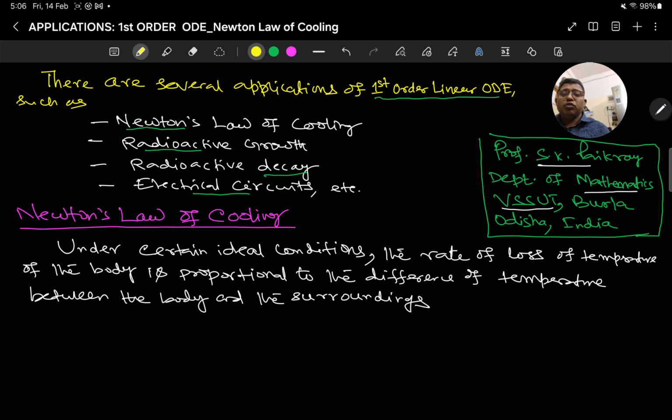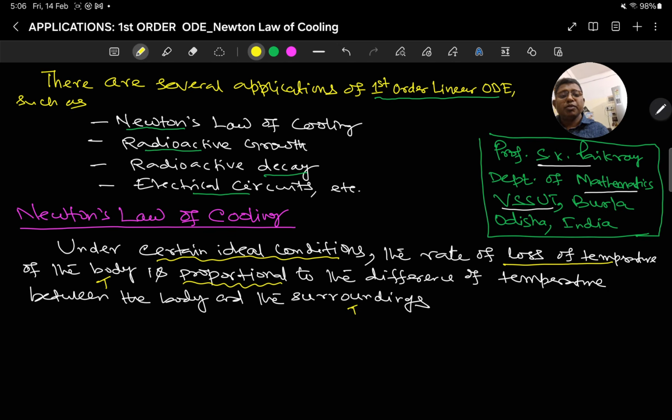Now coming to Newton's law of cooling, it states that under certain ideal conditions, the rate of loss of temperature of the body, suppose the temperature of the body I say T, is proportional to the difference between the temperature of the body and the temperature of the surroundings.